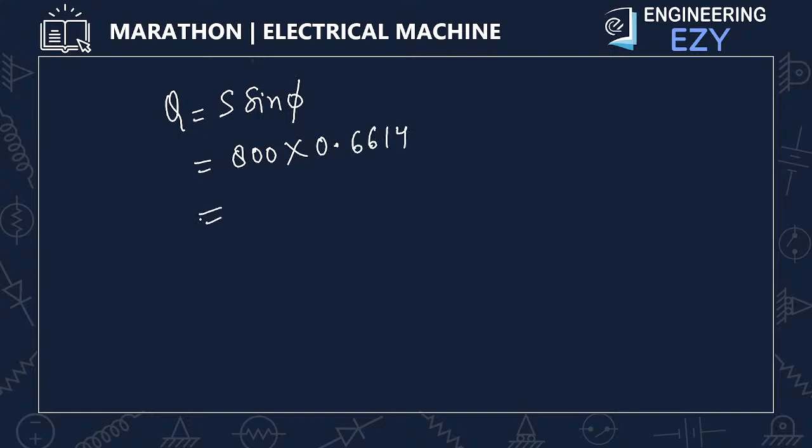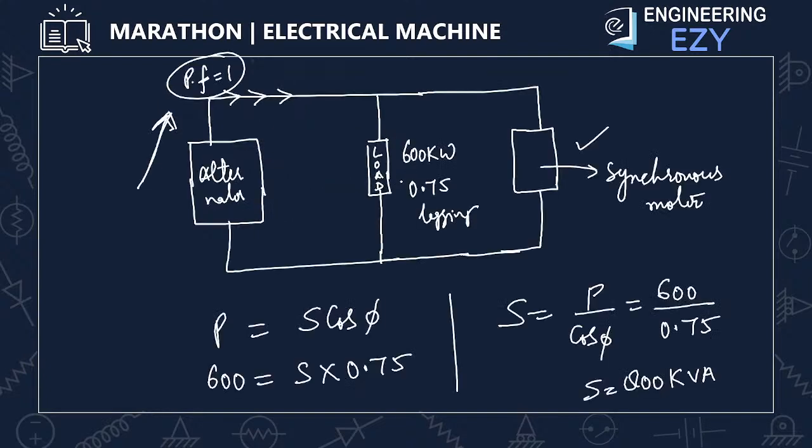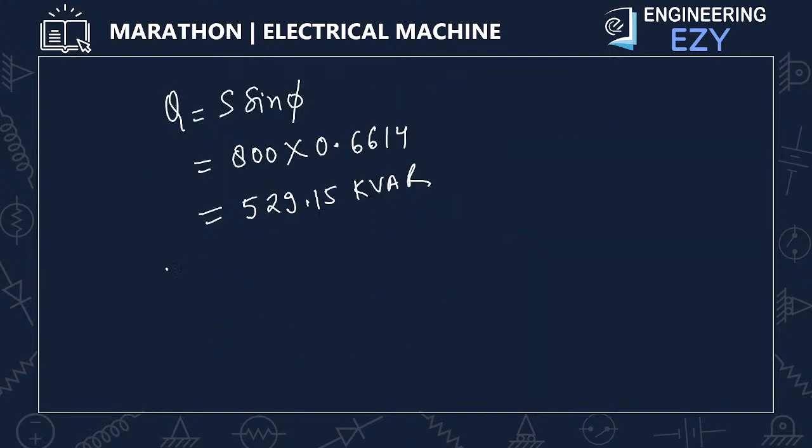If I multiply it with S, it is 529.15 kVAR. So the load can be written as 600 plus j 529.15. That is the load.